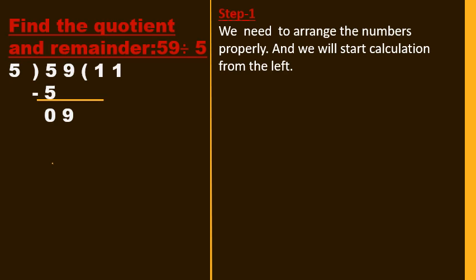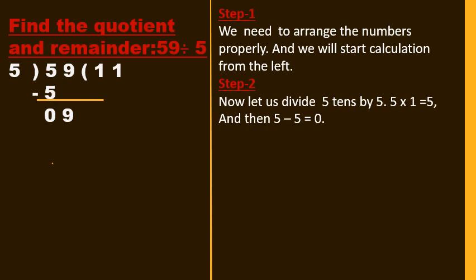So here we can see that our dividend is 59 and the divisor is 5, right? And we have already placed the number according to their place value. Now we are going to start the calculation from the left. That means from the tens place. Okay. So now let's see step number 2.